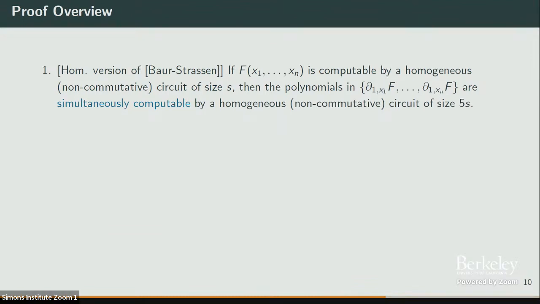And again, because we are working in the non-commutative setting, partial derivatives are with respect to the first position, but our result works even in the general homogeneous setting. We can show that if a polynomial is computed by a homogeneous circuit of size S, then the usual partial derivatives can be computed with only a 5S size.